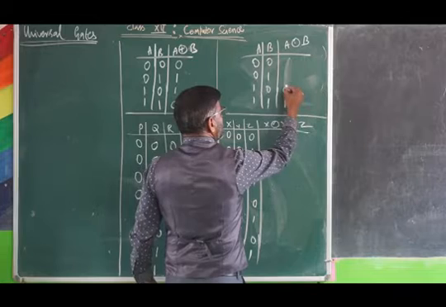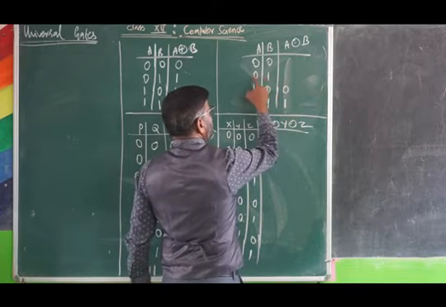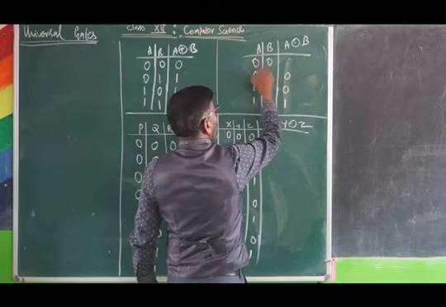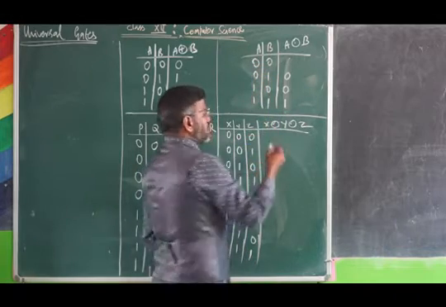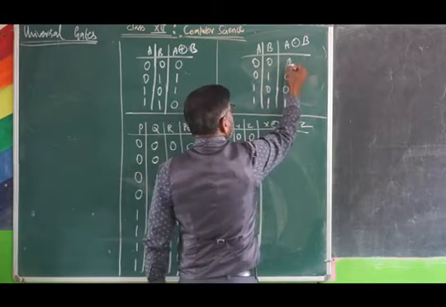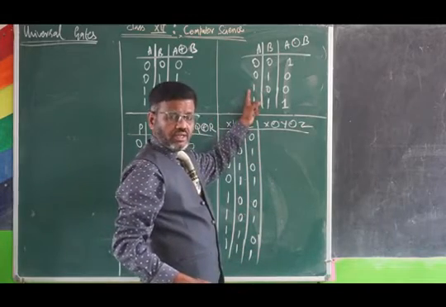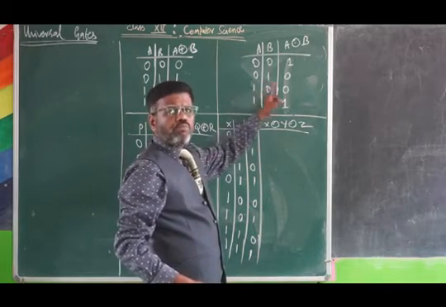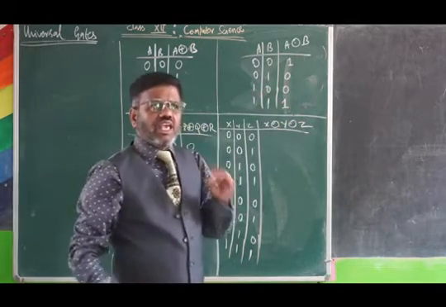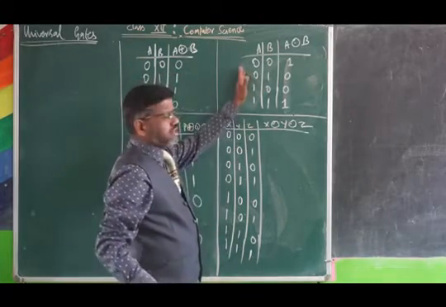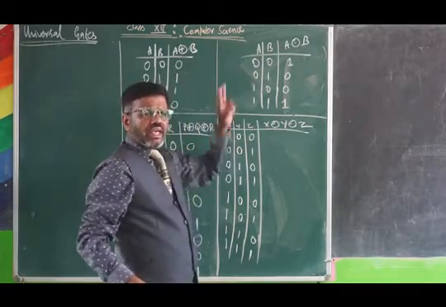The output is 0. How many ones are here? 1, which is an odd number. Here how many ones are there? 0. 0 is an even number. So here is an example of an XNOR gate where the output is 1 if there is an even number of ones as inputs. This is an example for a 2 variable XNOR gate.